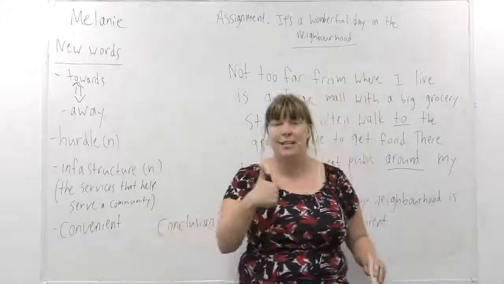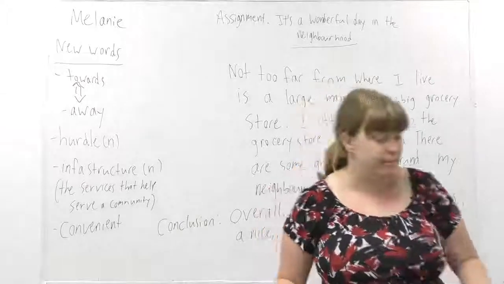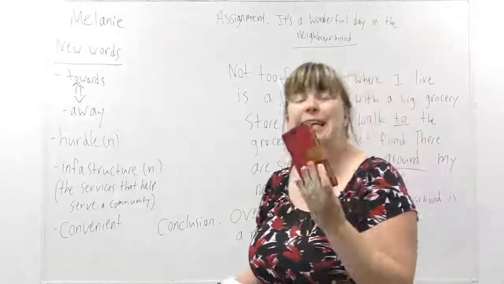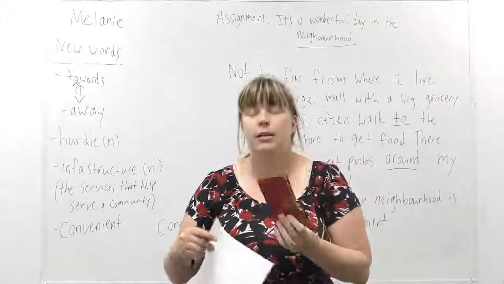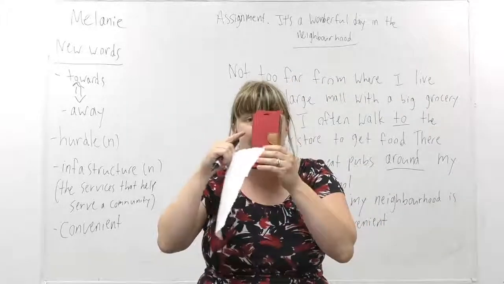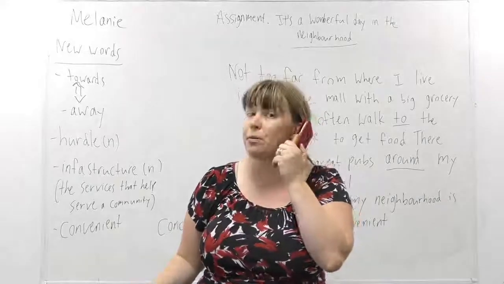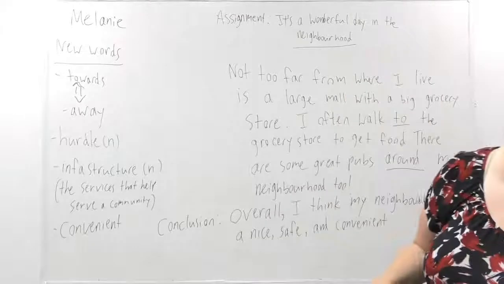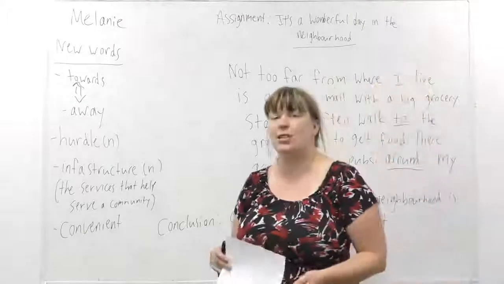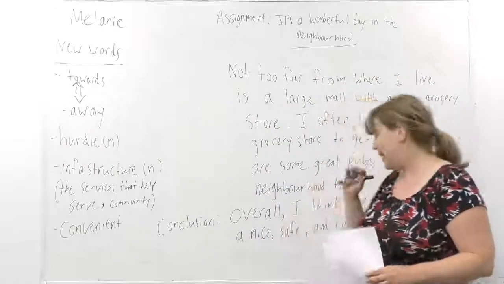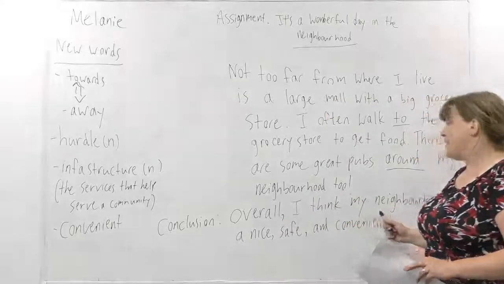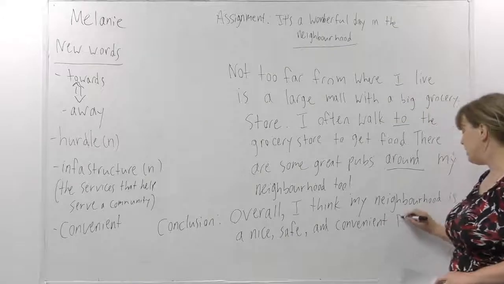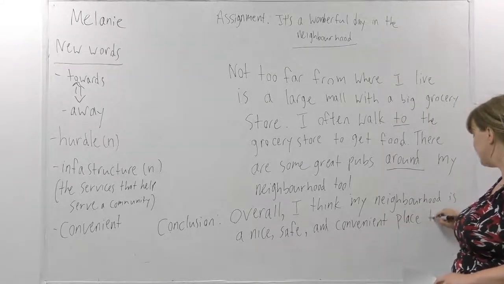So this is a very good thing. For example, smartphones are very convenient because you can use your email, you can take a picture, you can make phone calls, and you can check Facebook or Instagram. That's why a smartphone is very convenient. Okay. So overall, I think my neighborhood is a nice, safe, and convenient place to live.